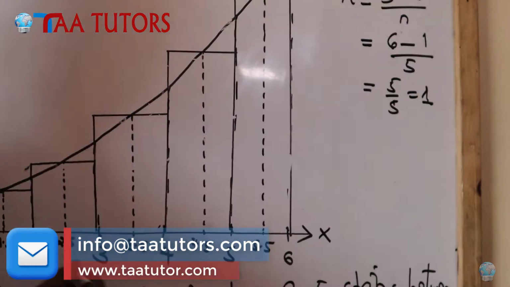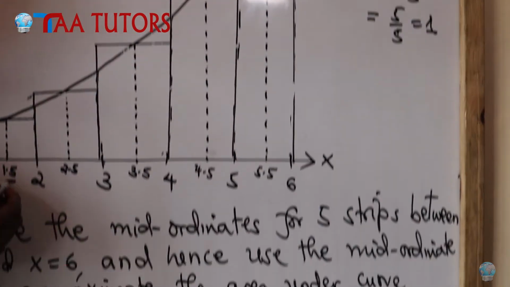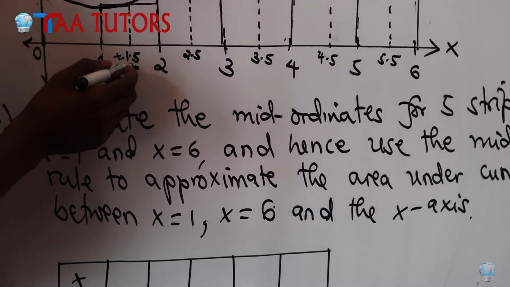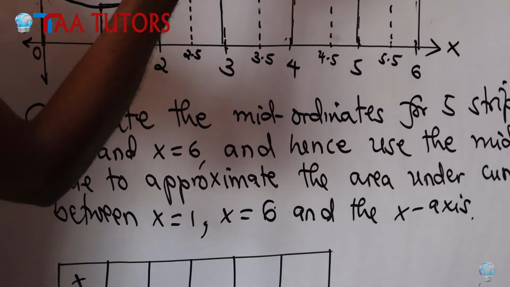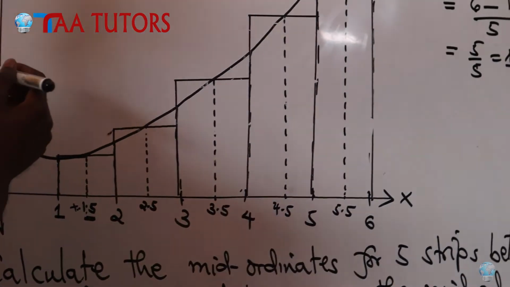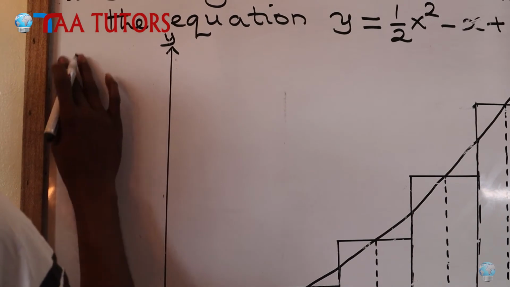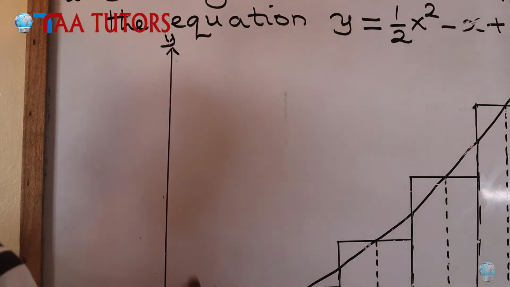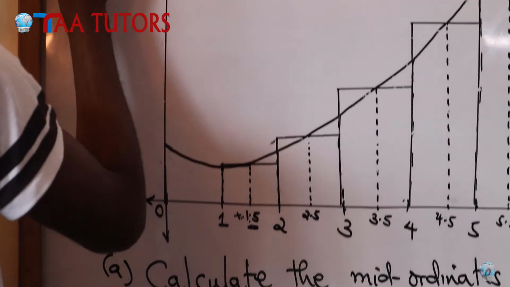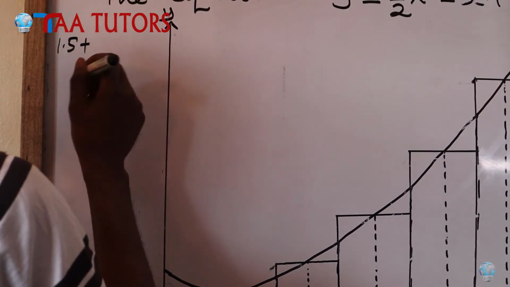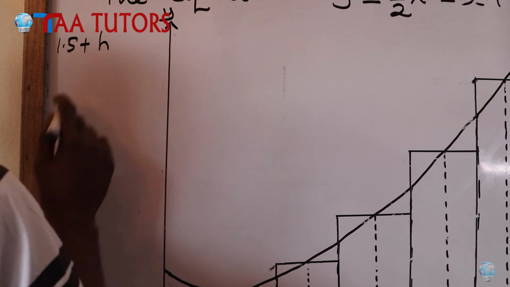So if you determine the first mid-ordinate as the value at x equals 1.5, the next one will be this one plus h. So for us to get the next number, you get the first mid-ordinate, which is this particular point, 1.5. The second ordinate will be this one plus h.